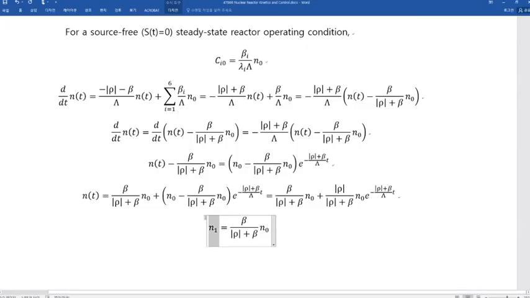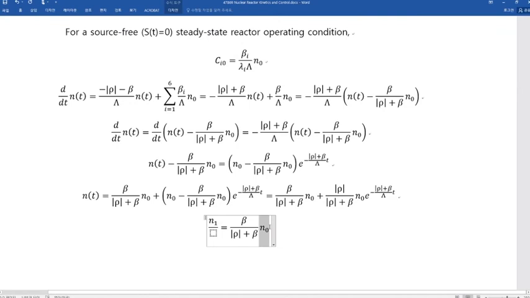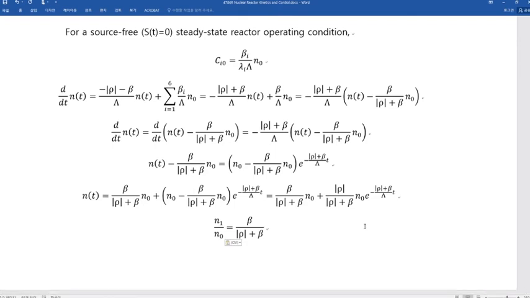Or if we go back, then this ratio, if we move n0 to here, this would be the new value. Let me see.